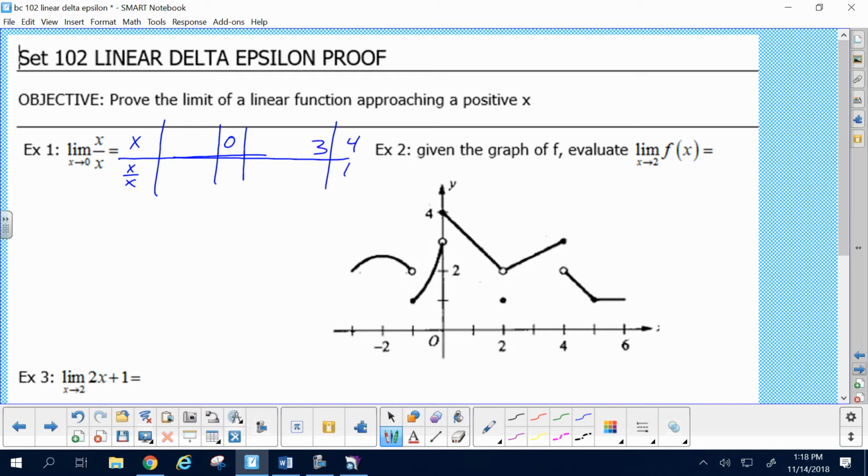When x is 3, what's the result? 1. When x is 2, what's the result? 1. When x is 1, what's the result? 1. If I were to say, what's the next term in this pattern? 1, 1, 1, 1, 1, 1, 1, 1. What's the next term? You'd probably say 1.